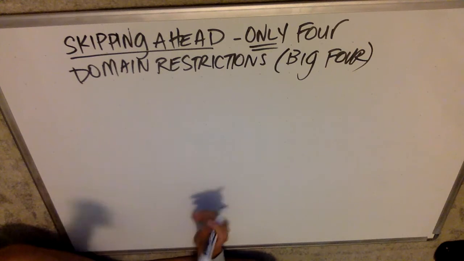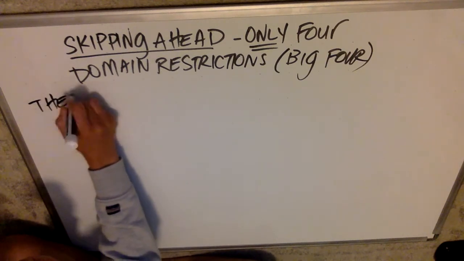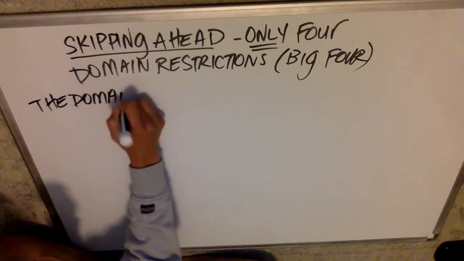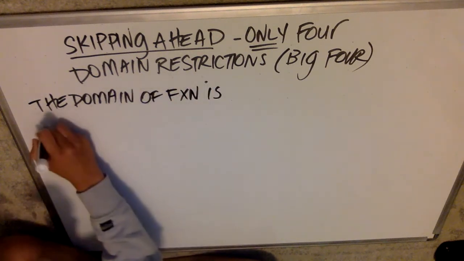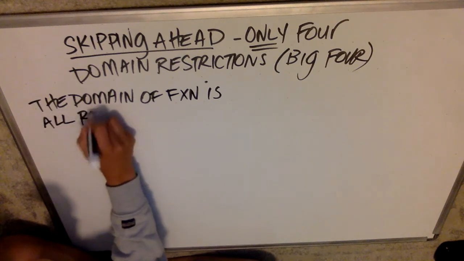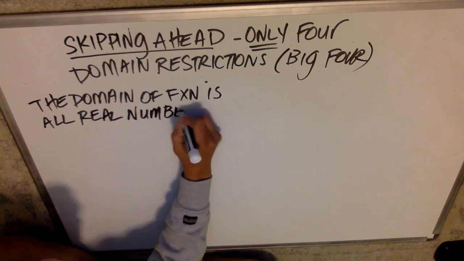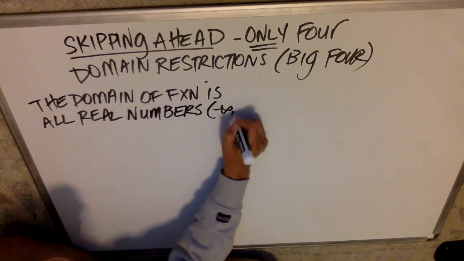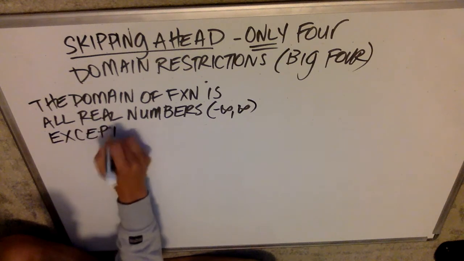Okay, so the big 4 domain restrictions. The domain of a function is all real numbers, meaning negative infinity to infinity, except, and then these are the 4 restrictions.